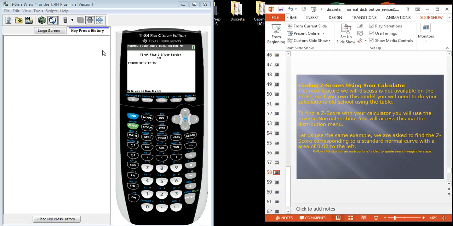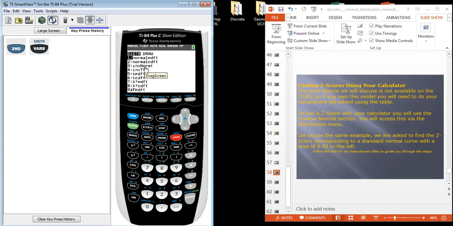Okay, so what we're going to do with our calculator is go to the distribution menu, which is second, vars or distribution, and now we're going to use inverse normal, so that's number 3. We can scroll down and choose number 3. So now we have inverse normal. If you have a newer calculator, it's going to come up with a different screen, and we'll show that to you in a minute.